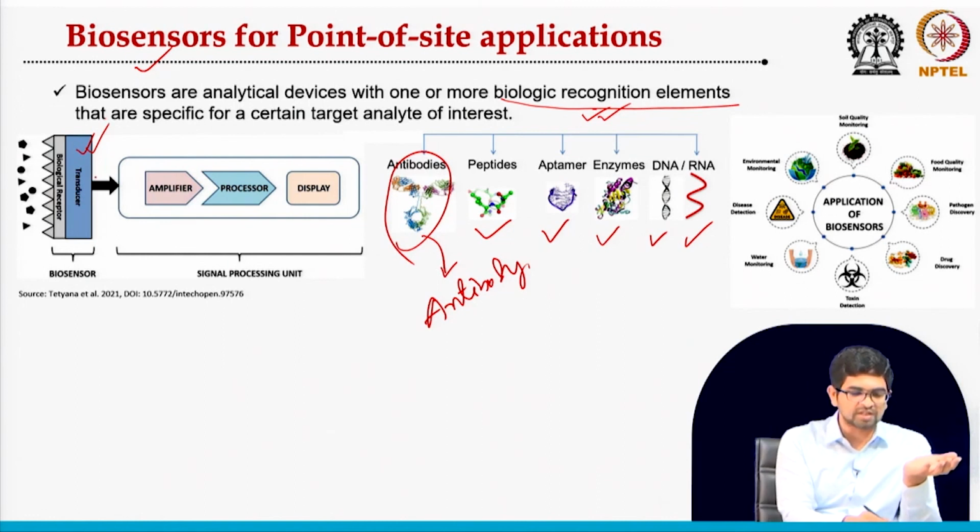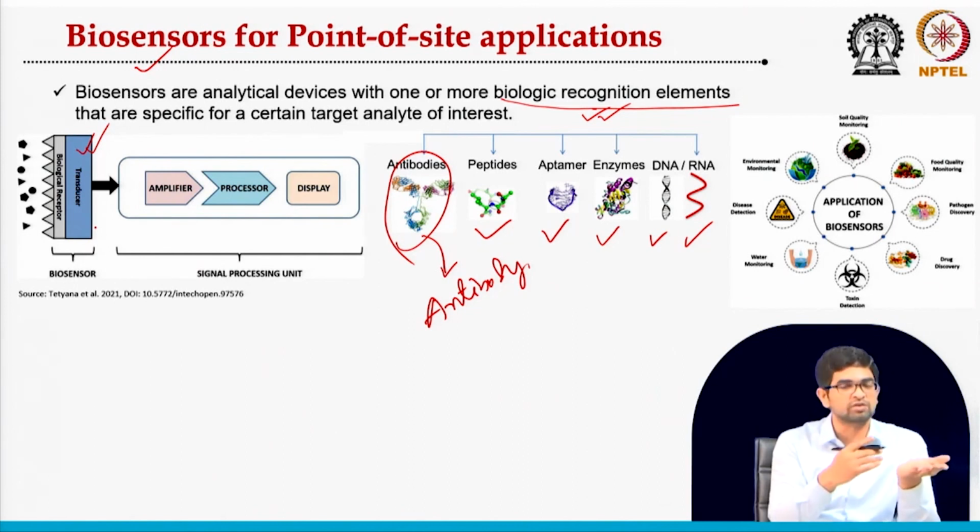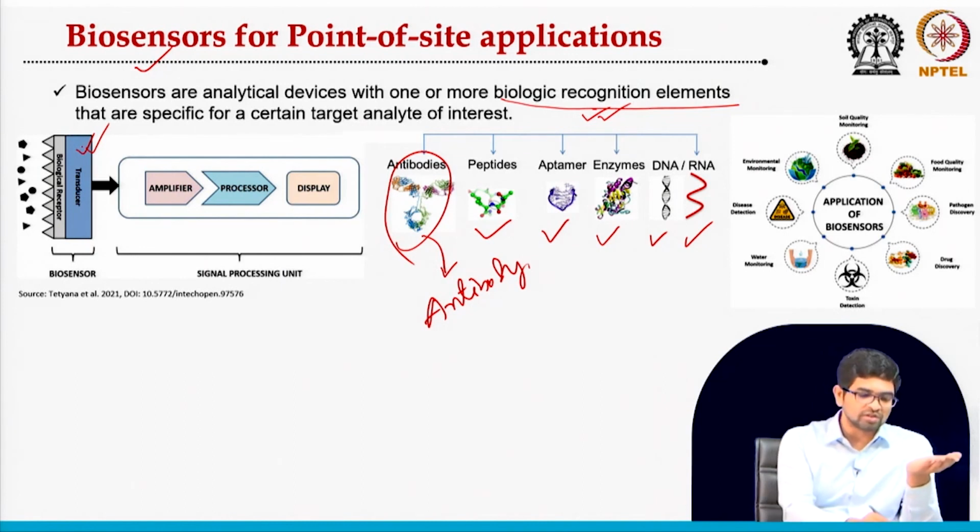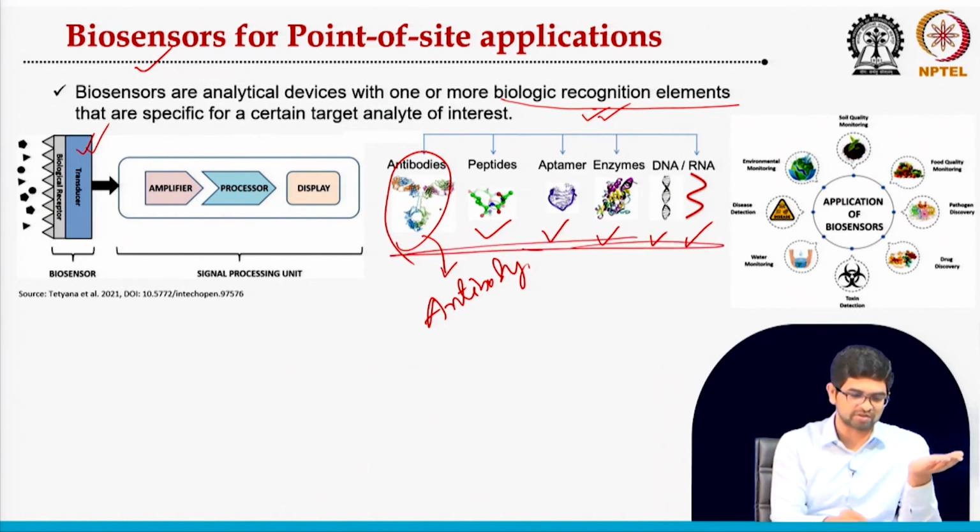In my biosensor part, I will teach you the transducer as an electrode surface, because I will mainly cover the electrochemical biosensor here. What is an electrochemical biosensor? I am coming to that. The transducer is just a surface where we will immobilize all kinds of biorecognition elements.